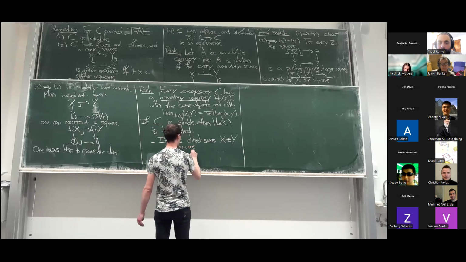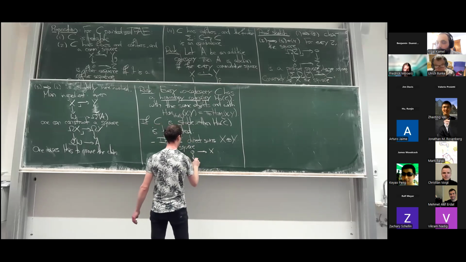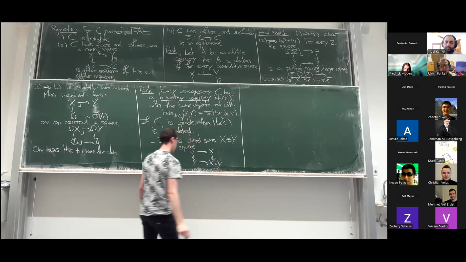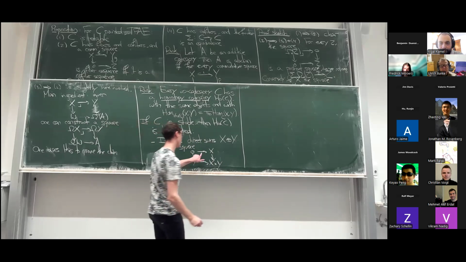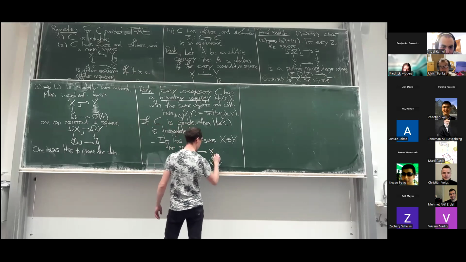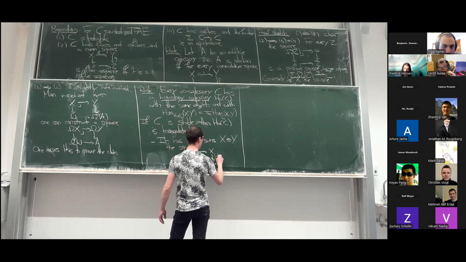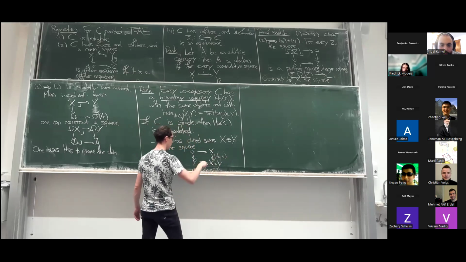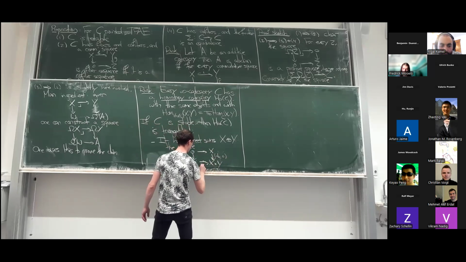If you have X and Y, we can write down a diagram like this, where the map from here to here is in the first variable the identity on X, and in the second one, it's the zero map, the one that factors through 0. And here it's the map 0, comma identity on Y.